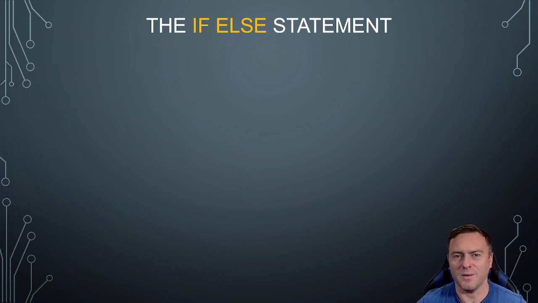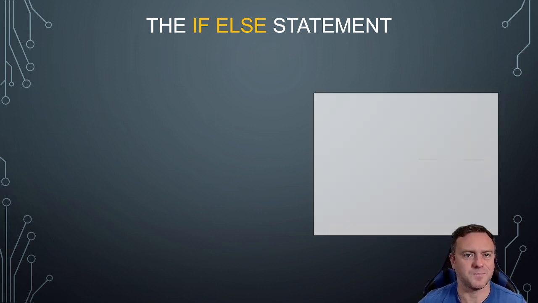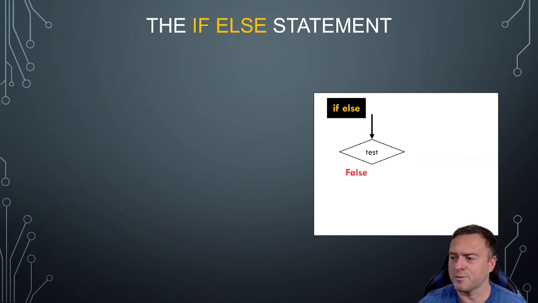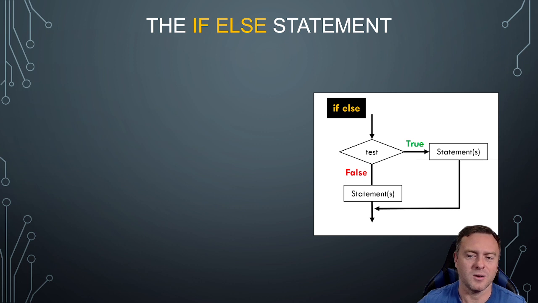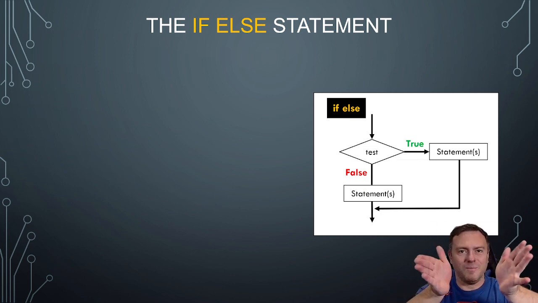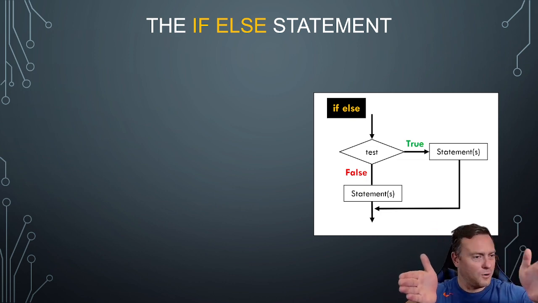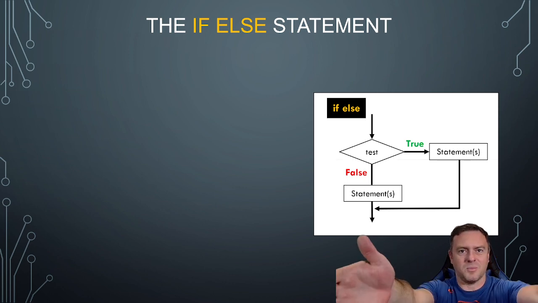So then we've got the if-else statement, which is really cool. The way this works is it pretty much branches down. So it checks to see if something's true. It goes that way, goes to the right. And then if it's false, it just goes straight down and executes that other code. Now, I call this one the fork in the road. So you're either going to go this way or you're going to go this way, and it branches off.